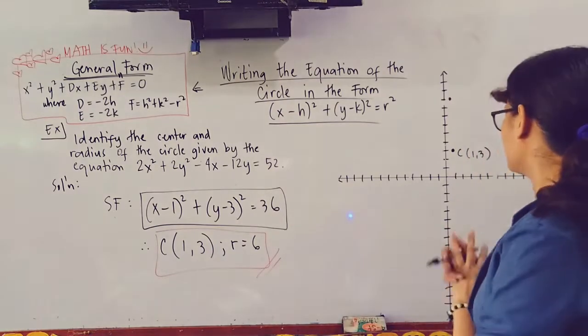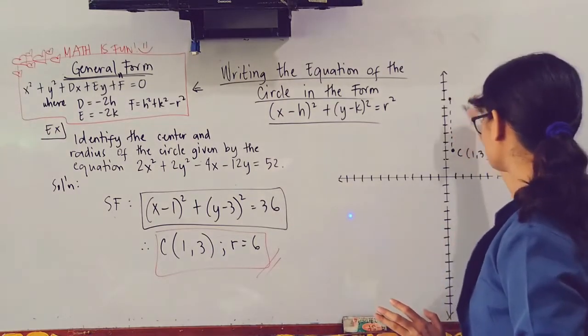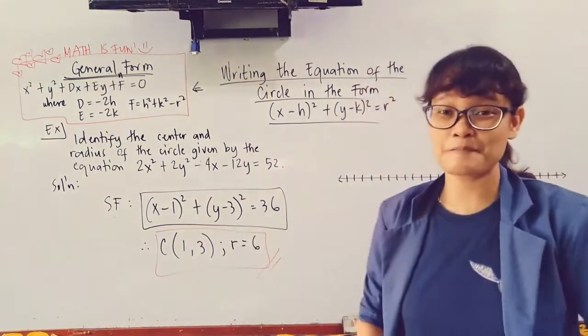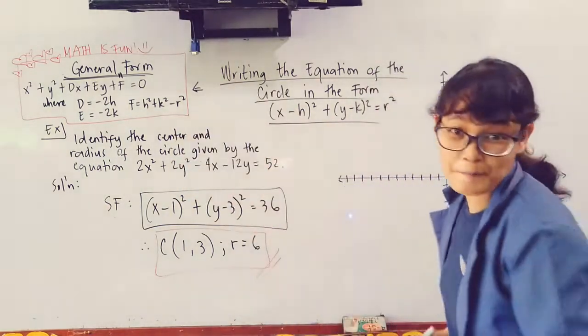Okay? So, ayan. So, alam natin na 6 units yan. So, R is equal to 6. Gawin na natin. Gagamitin ko pa rin ang aking DIY na compass. Okay?